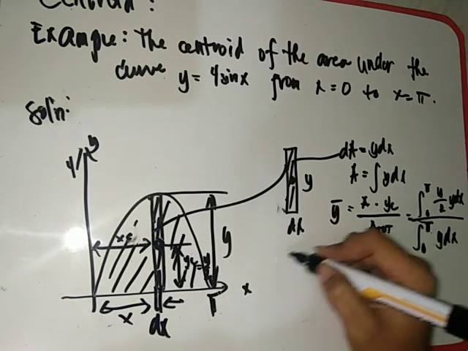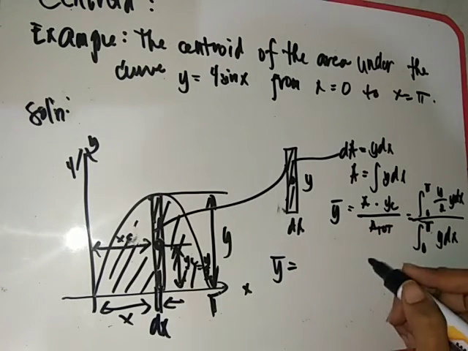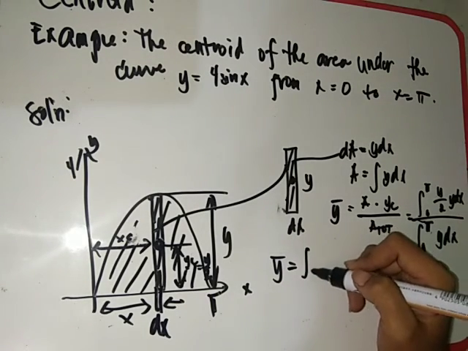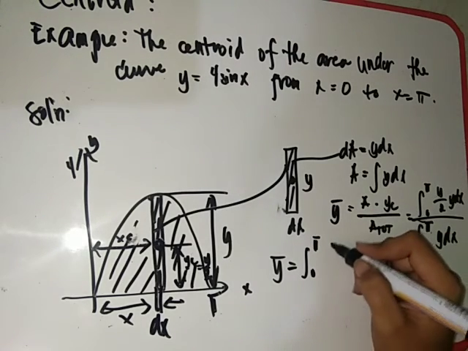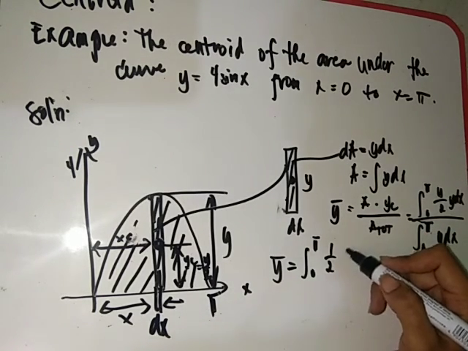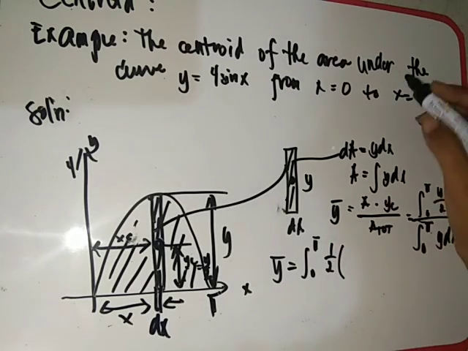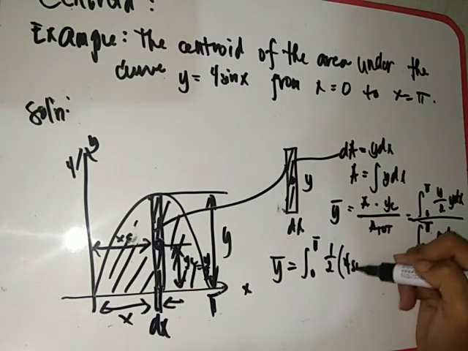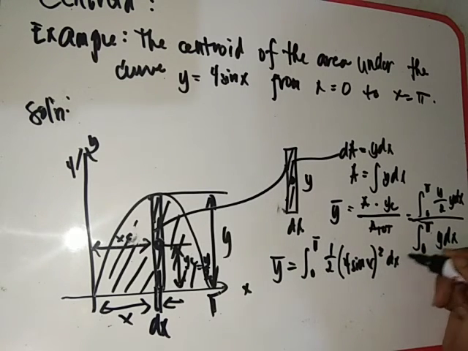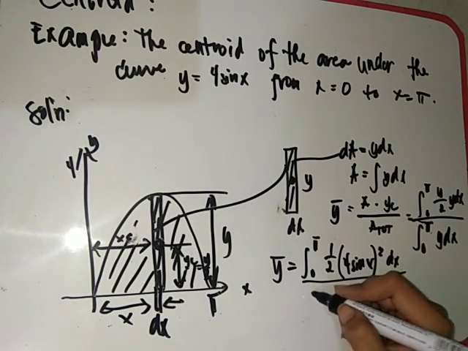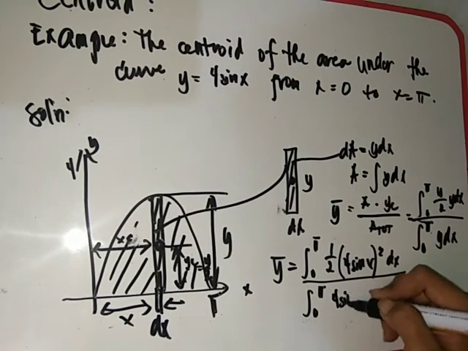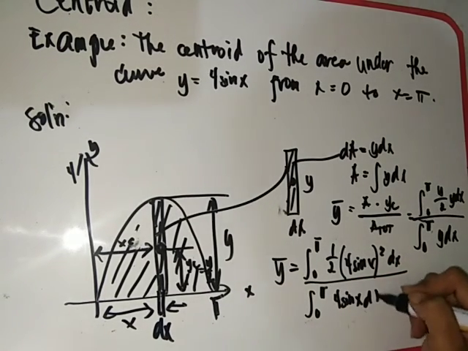So we have y bar is equal to integration of 0 to pi 1/2, and then let's put the y value, that is 4 sine x squared dx over integration of 0 to pi 4 sine x dx.